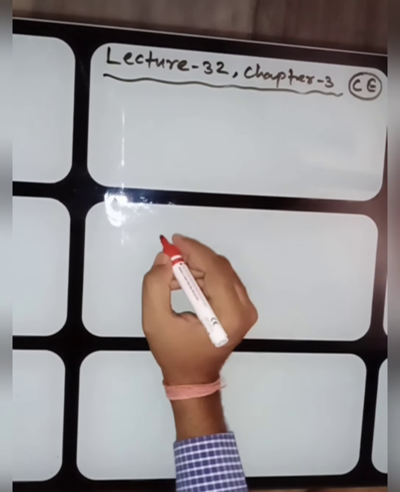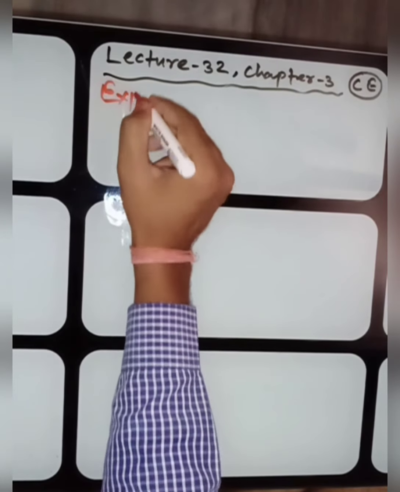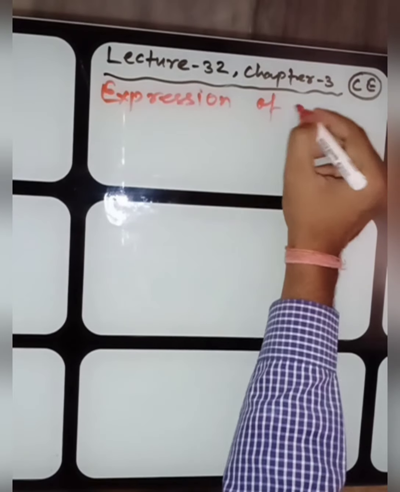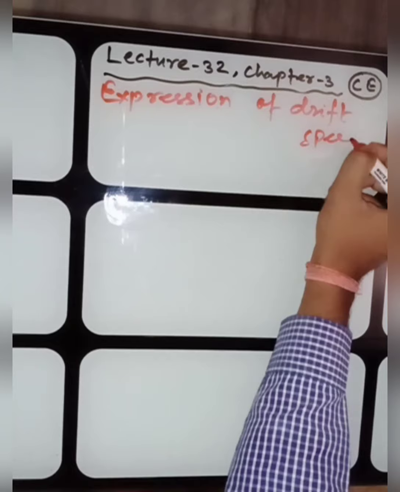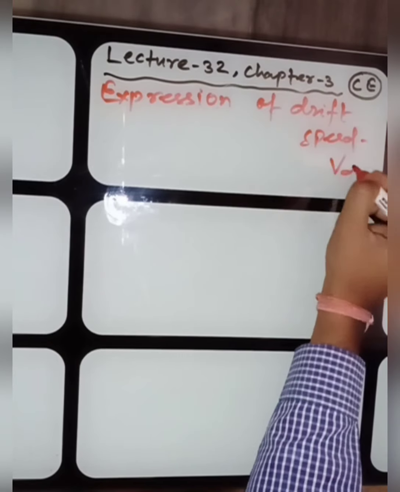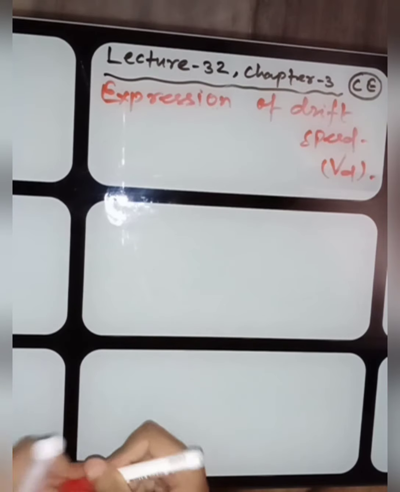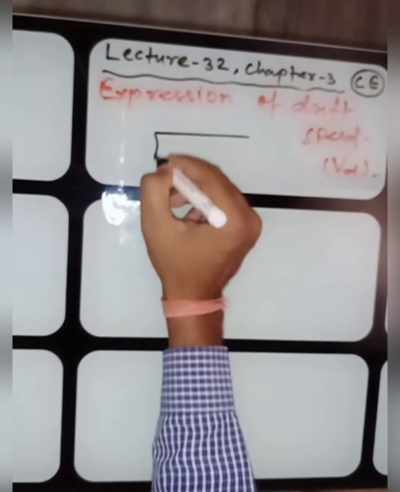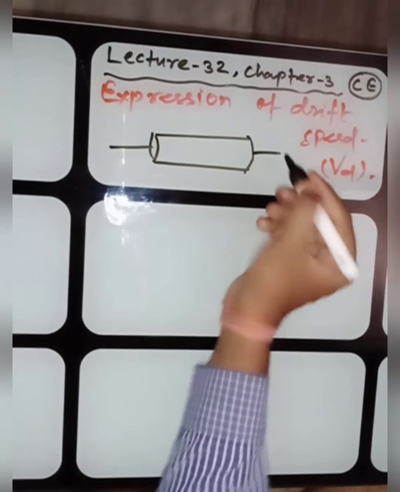For example, we will derive the mathematical expression of drift speed, which we will represent by VD, drift speed or the drift velocity. Suppose, my dear students, we are having a sample of conductor, and we apply a voltage.